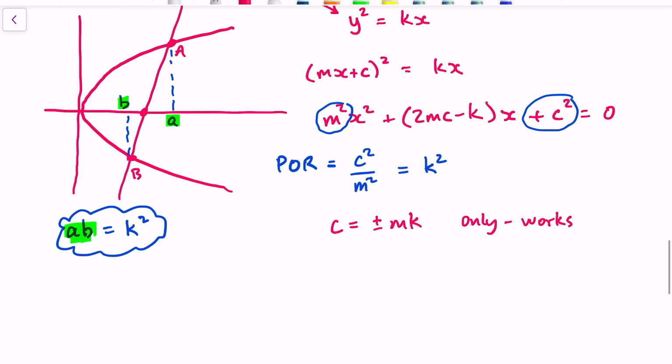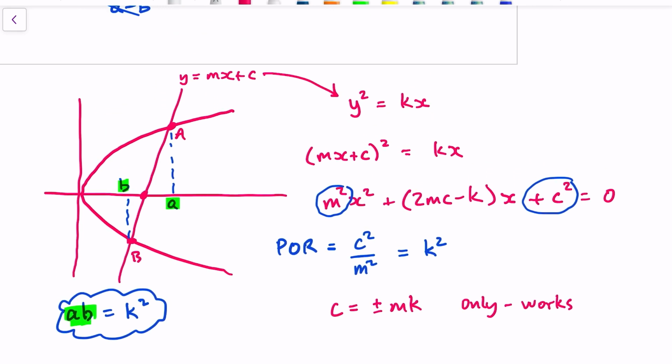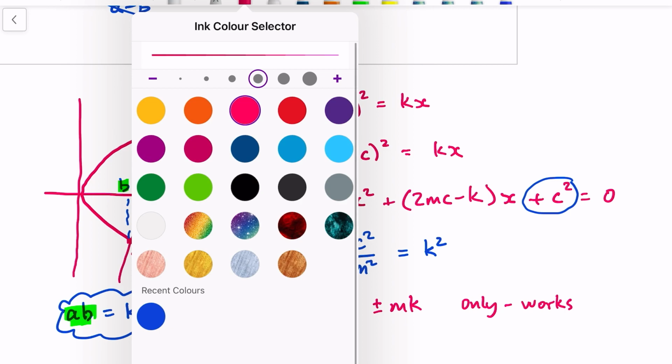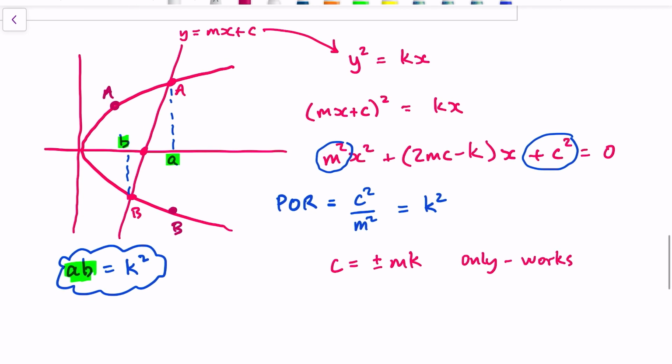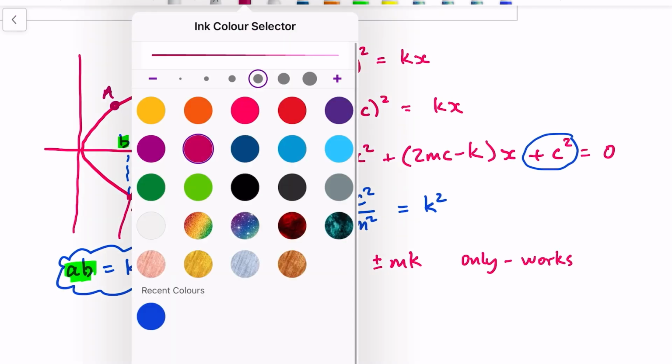You can actually make the diagram so that the line goes the other direction. Okay, there's nothing stopping you having the point A here and the point B there. In that case, k will also be positive because the parabola is still opening up to the right-hand side. The c value will be positive and the m value is negative, so c will still be equal to negative mk.